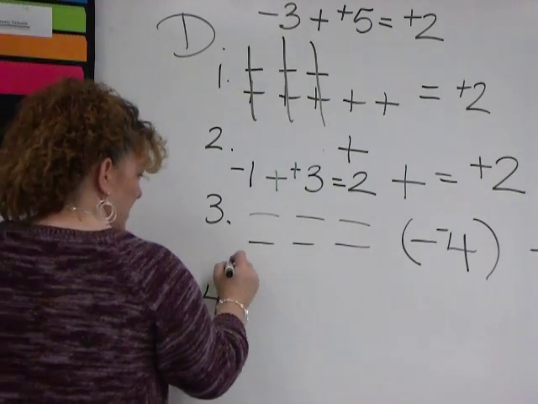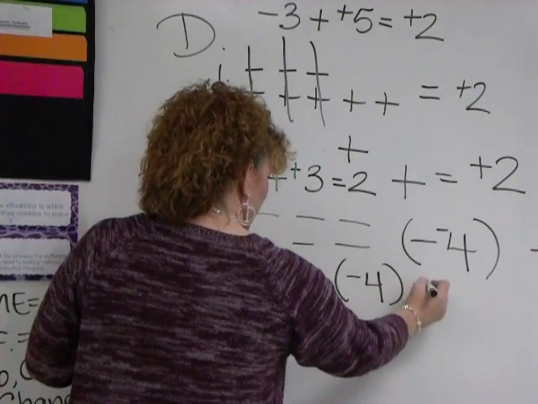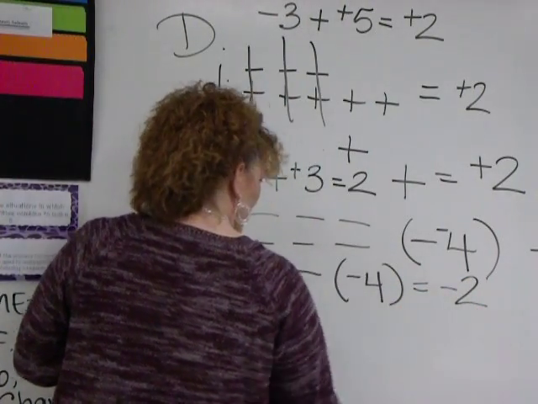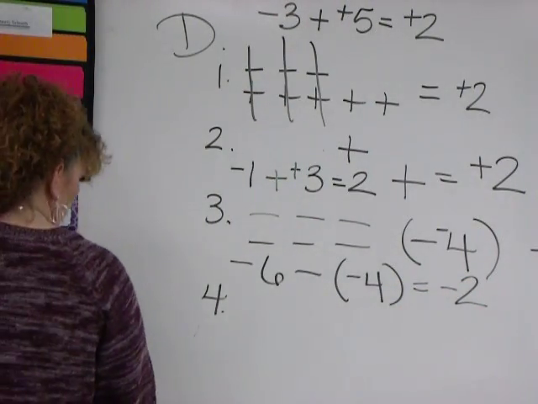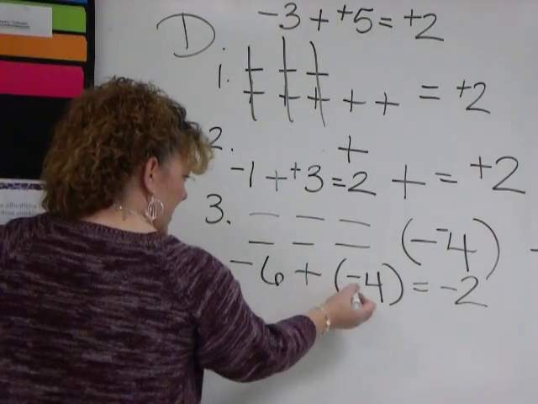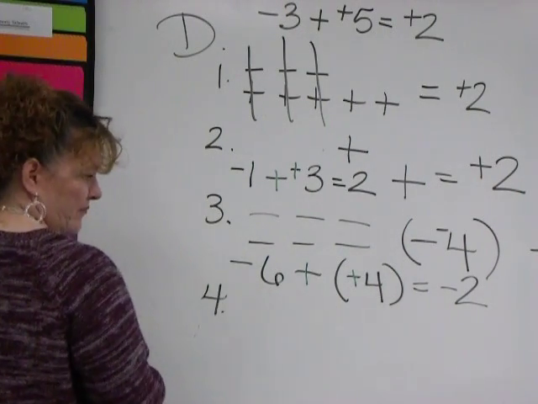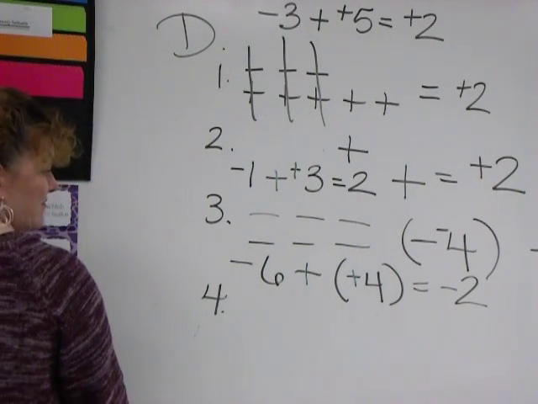So this is going to be -6 subtract -4 is equal to -2. Because when I keep, change, keep, change, I have -2 left when I subtract.